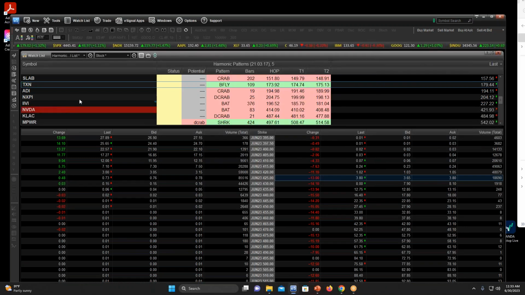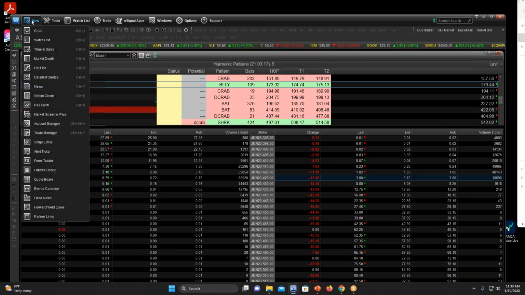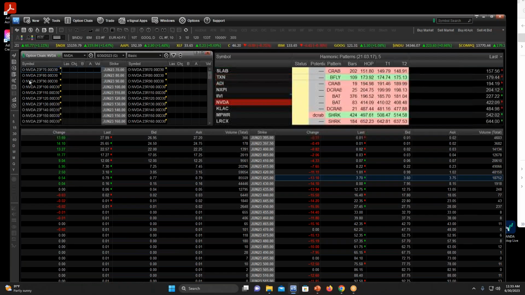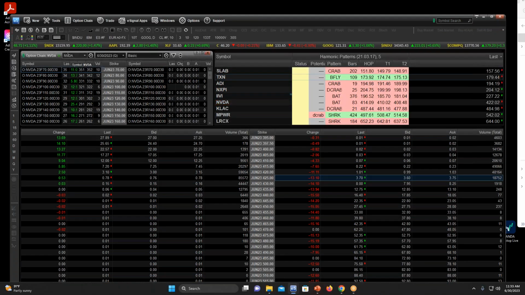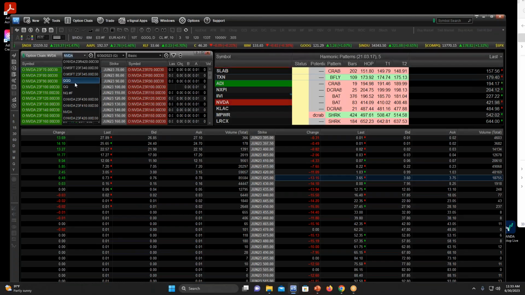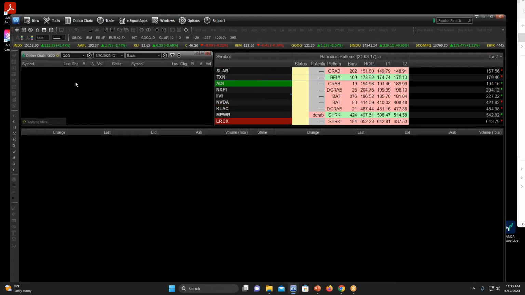And yes, you can set these up into the monitor. Simply open up, if you're looking for a new one, go new. This is for eSignal option chain. That'll bring up a new window, and then you change whatever symbol you're looking for. If I'm looking for the QQQs or something like that, just type that in.